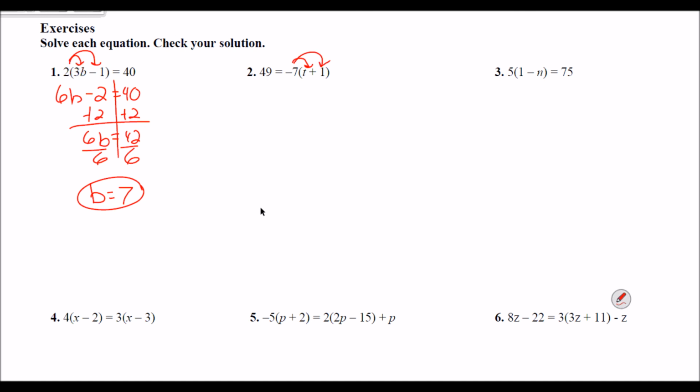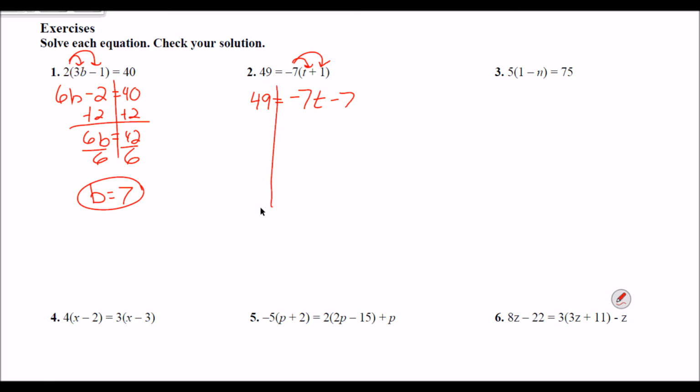Okay? Number 2. Can't do anything with the 49, so it drops down. On the right side, though, we do have our parentheses, so we want to take -7 and multiply by t, and then take -7 and multiply by 1, which gives us -7. We then don't have like terms on the left side, don't have like terms on the right side, so we draw our line.